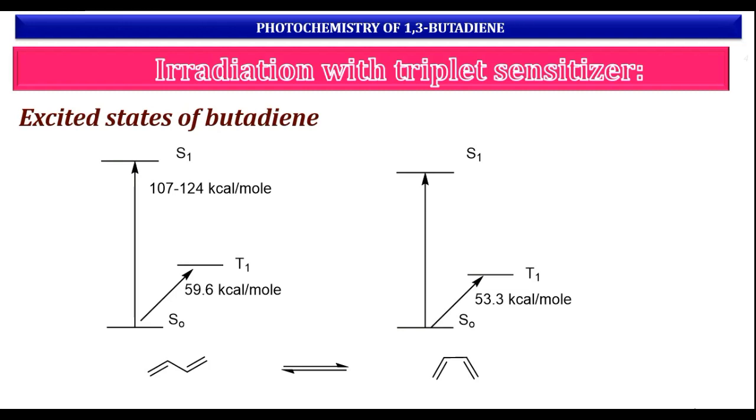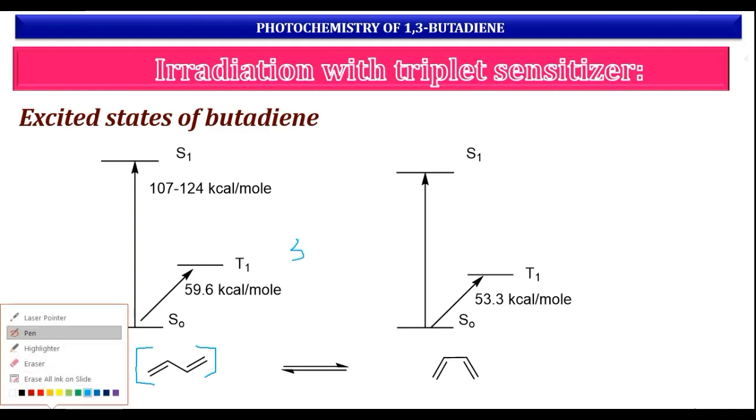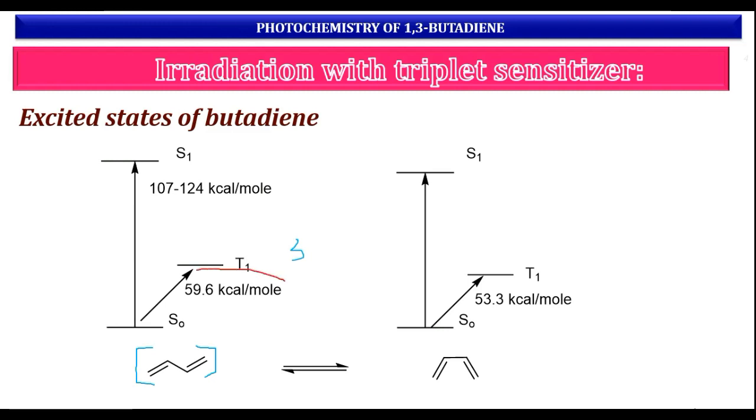So if you want to excite the S-trans isomer from the ground state to the triplet state, what is the energy required here? The required energy is 59.6 kilocalorie per mole. This is approximately 60 kilocalorie.